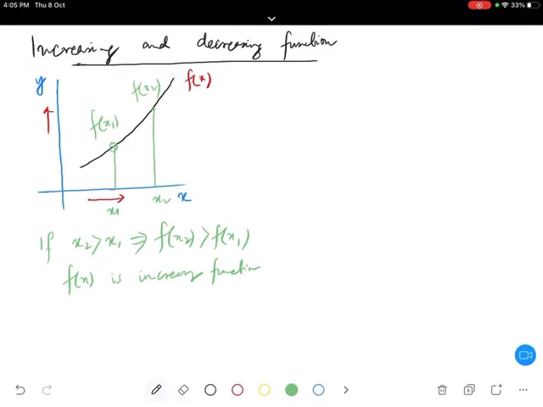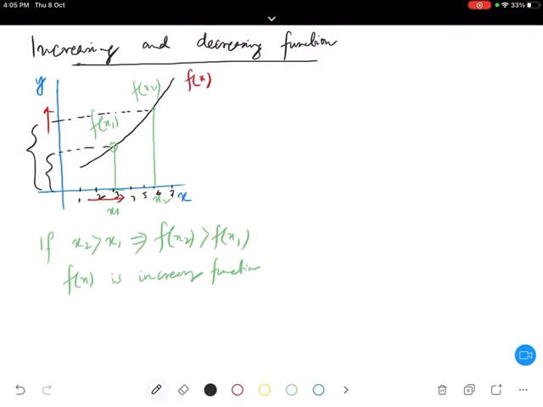When I am increasing the value of x, suppose here the value of x is 1, 2, 3, 4, 5, 6, 7. So basically this x2 value is more than x1 value, right? If I increase the value of x, what is the function value? The function value basically ये होता है. These are the values of the function. For 3, the function value is this much.